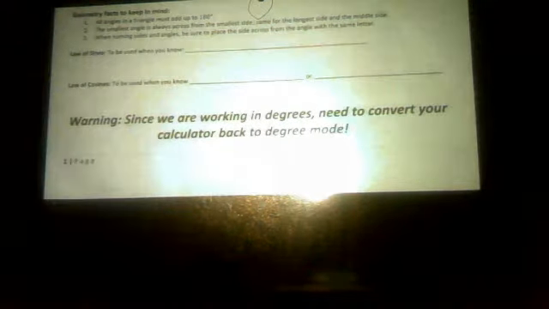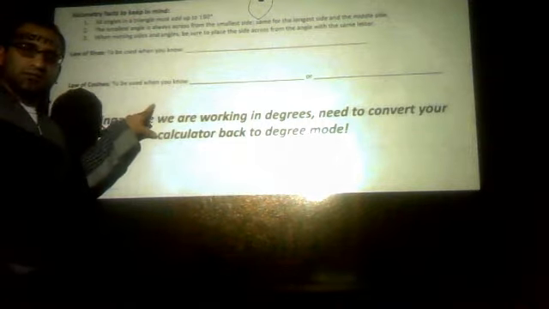So, the law of sines. We're going to use the law of sines and the law of cosines in very specific situations.